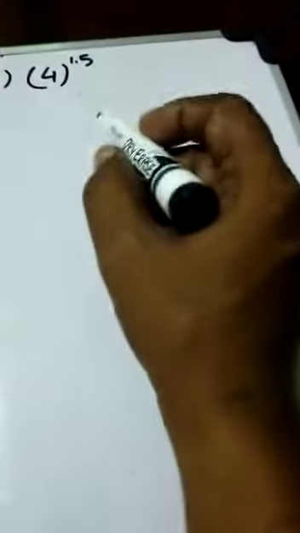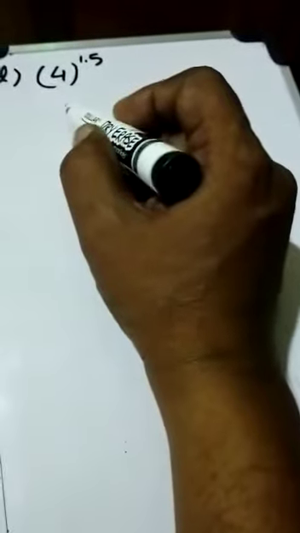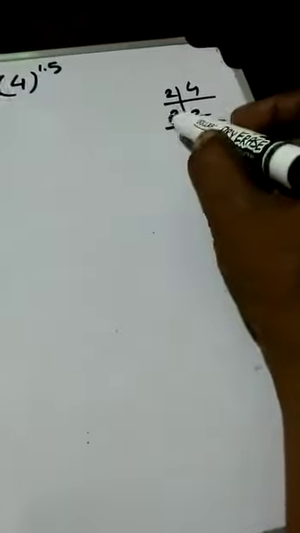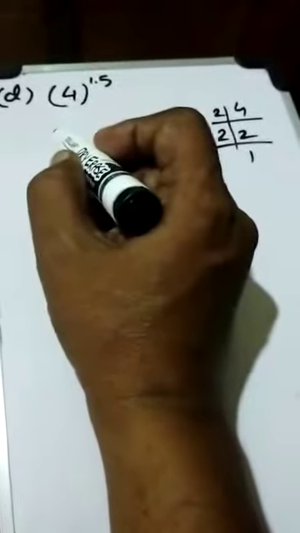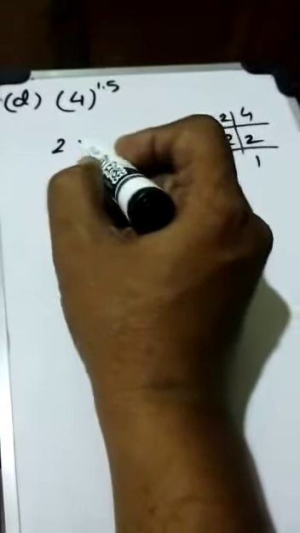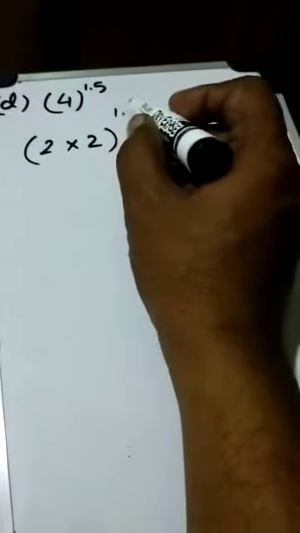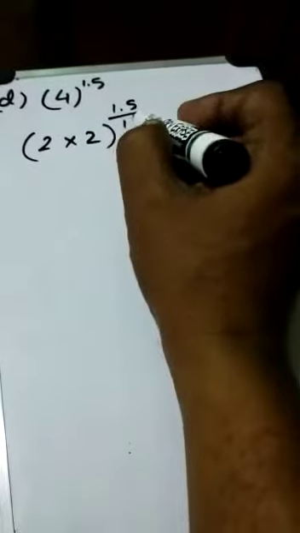Right? Now after this question we have D part: 4 to the power 1.5. This 4 will be converted into prime factors: 2 2s are 4. So instead of writing 4, we can write 2 into 2. And this 1.5 will be converted into 15 upon 10.